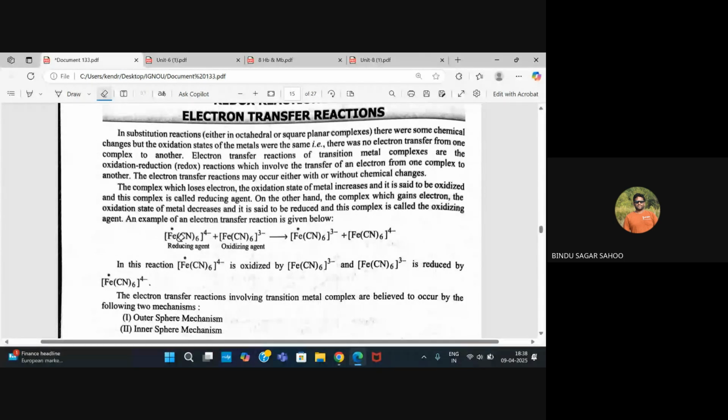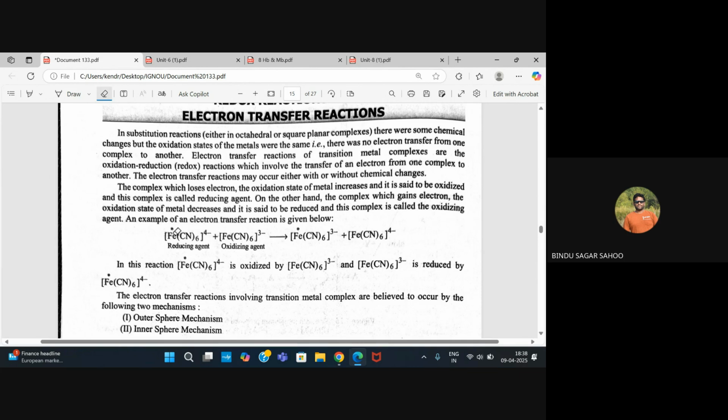Here in the initial complex, you can see the star mark. The complex has the star mark. Here the oxidation state of Fe is plus 2, and here the oxidation state of Fe is plus 3.